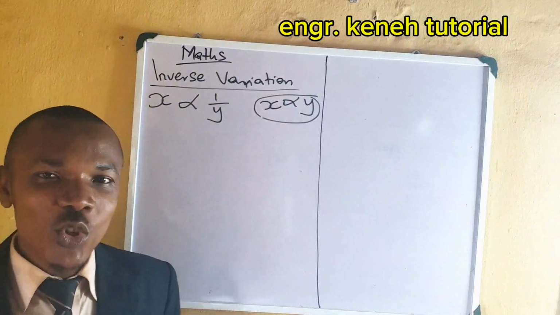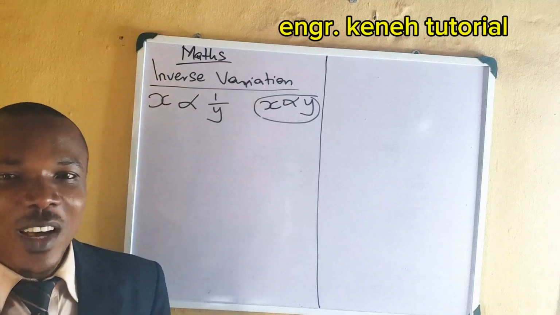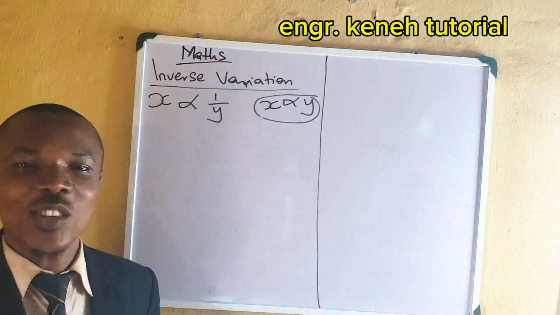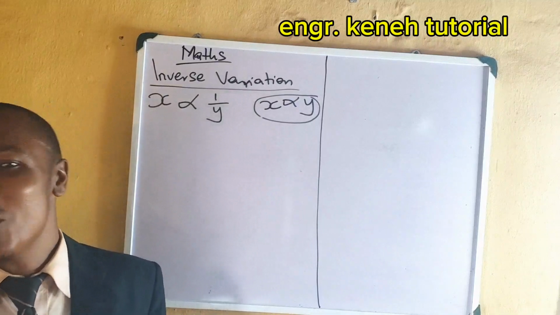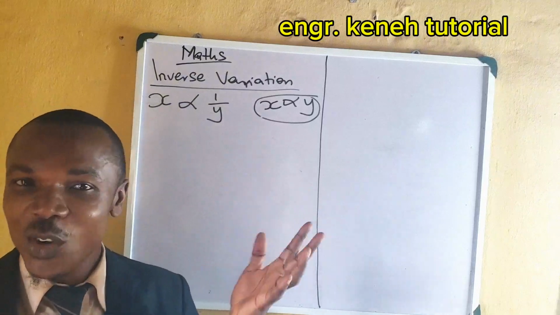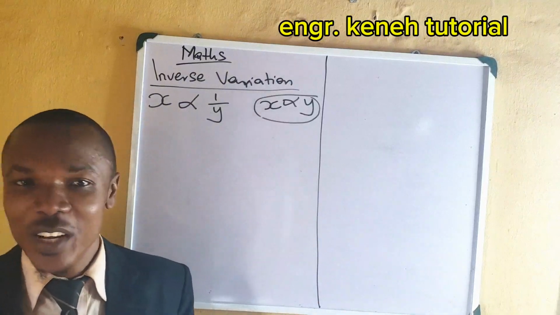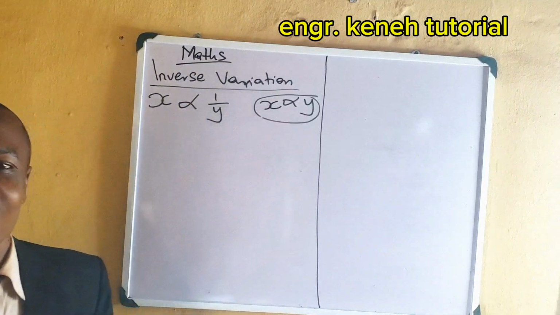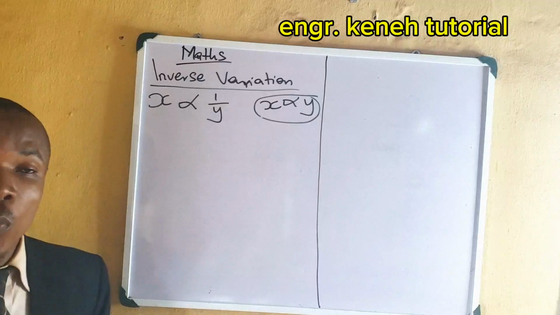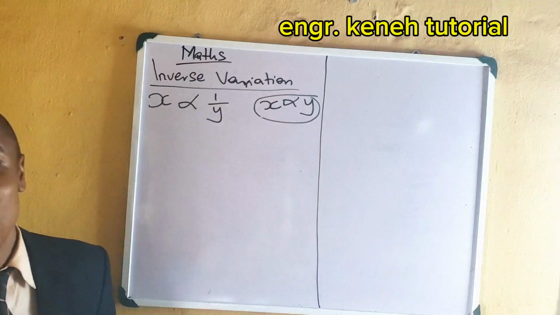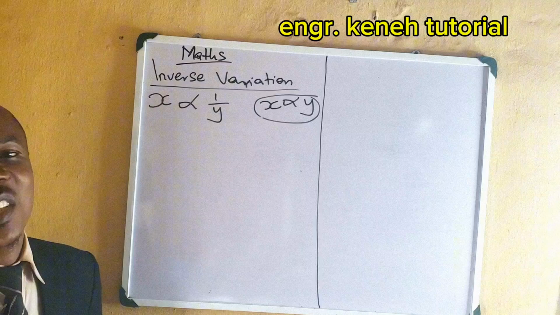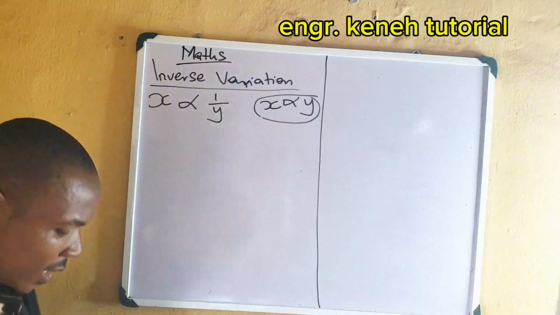So you see that your studying varies inversely as your chance of failing. Meaning that when you are increasing your study, your chance of failing will be decreasing. That is inverse variation. The opposite of what is happening to this will be happening to this as a result of what is happening to this. Is it clear?